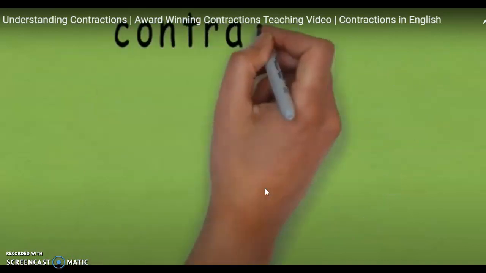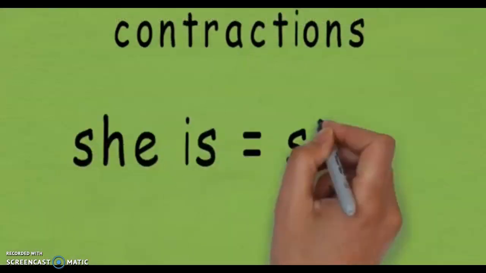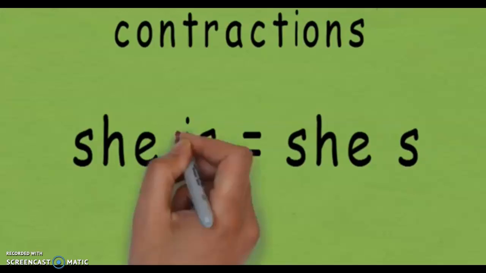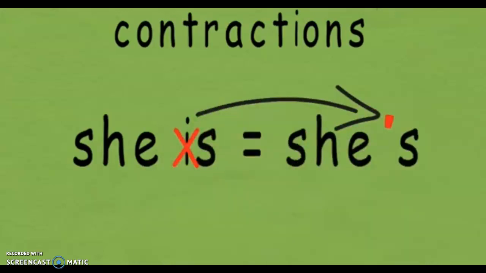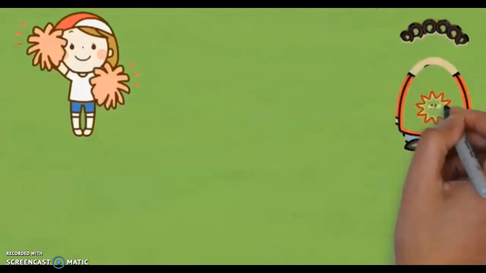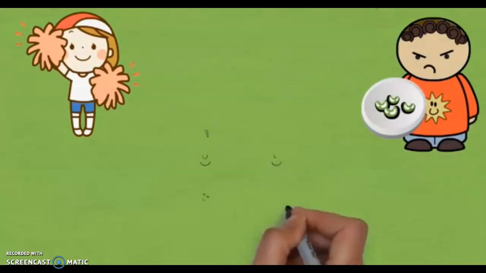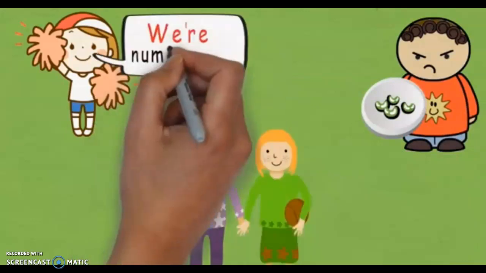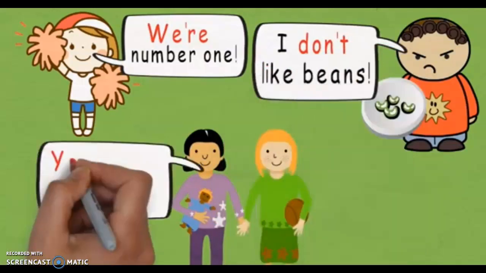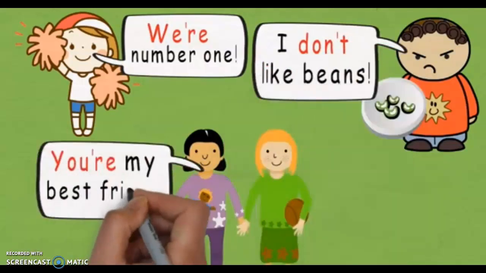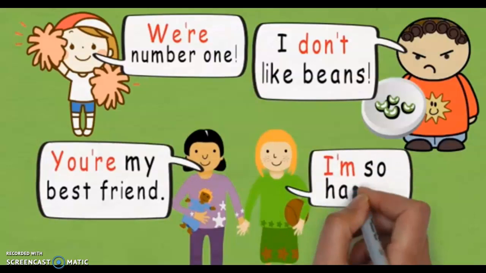Contractions are words used in the English language. Two words are shortened to make one word, and an apostrophe replaces the missing letter or letters. She is equals she's. We use contractions every day when we speak without even thinking about it. We're number one. I don't like beans. You're my best friend. I'm so happy.